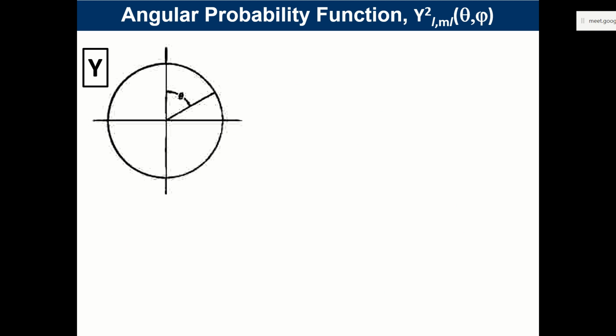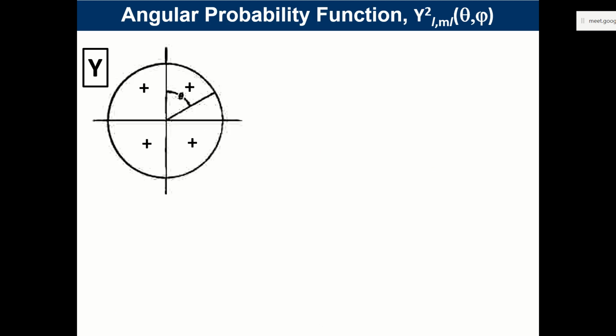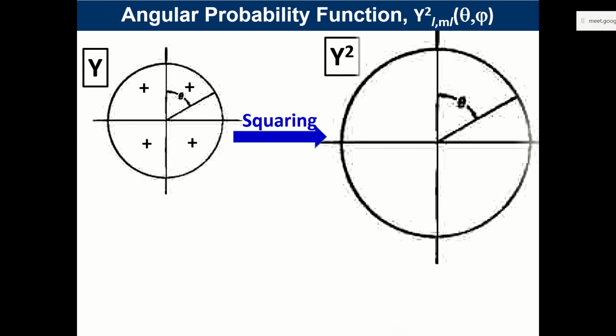Now to find probability, if we have seen what the mathematical equation for the angular wave function looks like, now we turn to the square of the wave function. Squaring will give you the probability of finding the electron at that point.